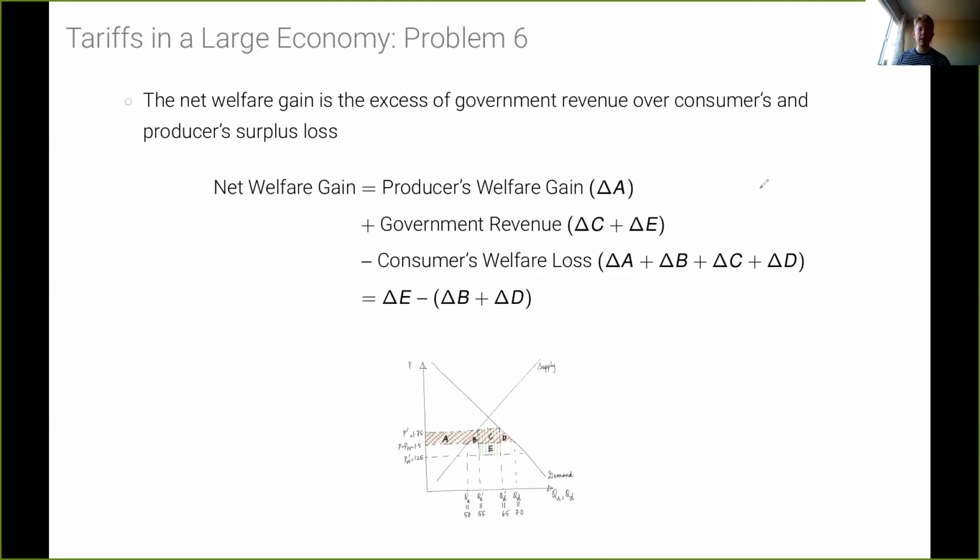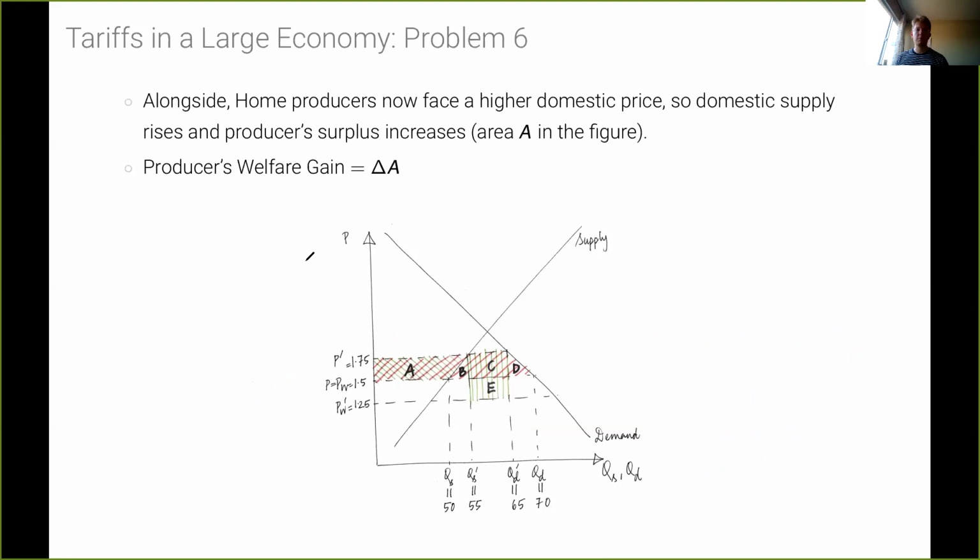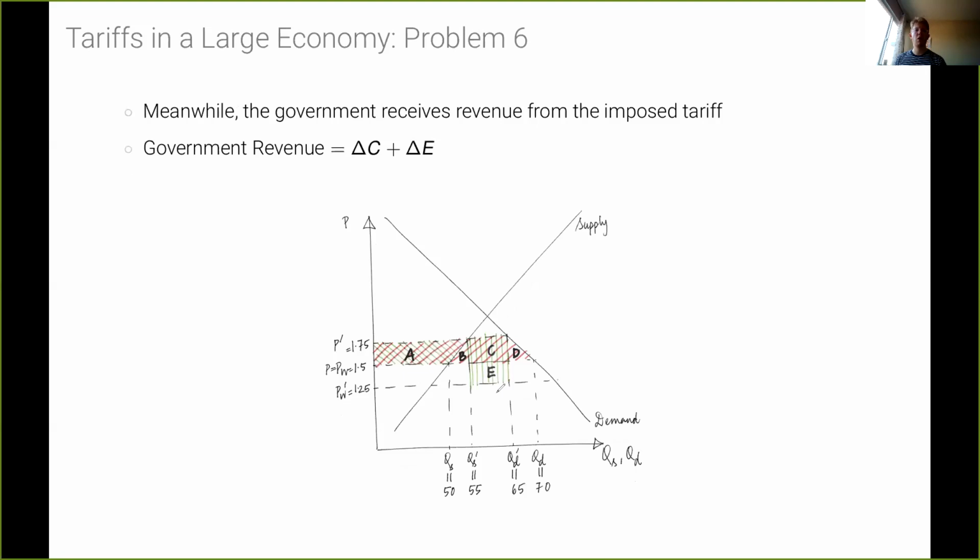Note that E here, you can see E a little bit bigger if I go back, is the difference between the new world price and the original world price times the total amount of imports. So it's not the total amount of tariff applied to all of our imports. It's just the difference between the new world price and the old one.